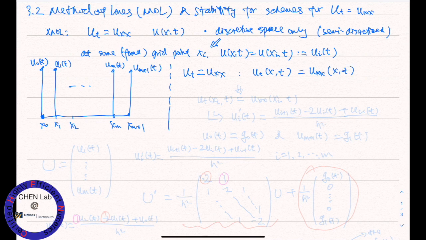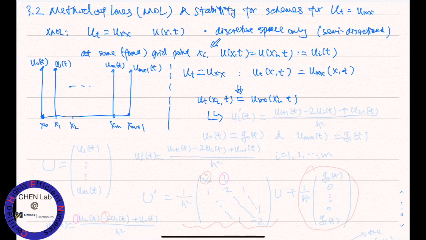In particular, if you fix the x value at x_i, you also have u_t at (x_i,t) equal to u_xx at (x_i,t).